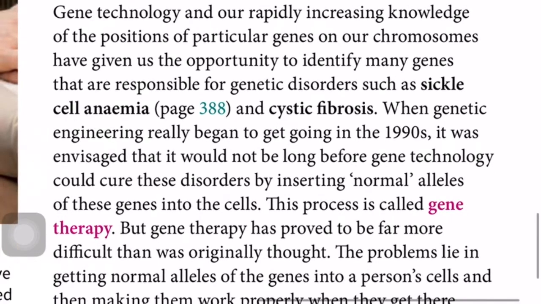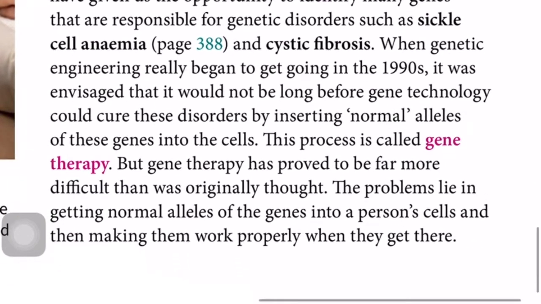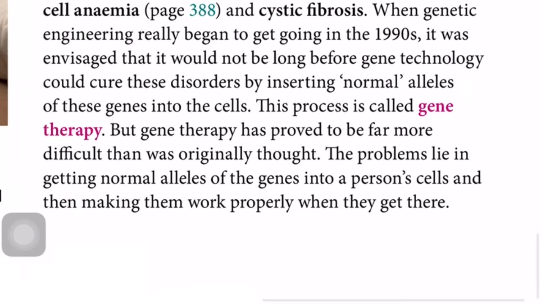Now, when genetic engineering really began to get going in the 1990s, it was advised that it would not be long before gene technology could cure these disorders by inserting normal alleles of these genes into the cells.